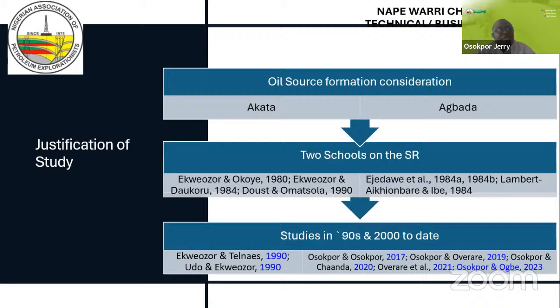The KPG transgression ended in the early Eocene, what we call the Ypresian stage of the Eocene. Beyond that period to the Oligocene, the 3 older formations of the Niger Delta were laid down, which is the Imo.